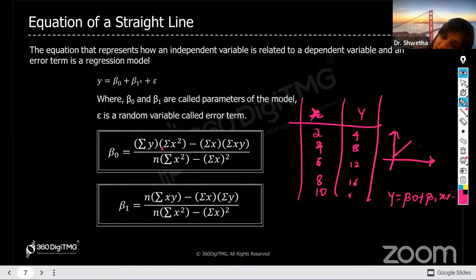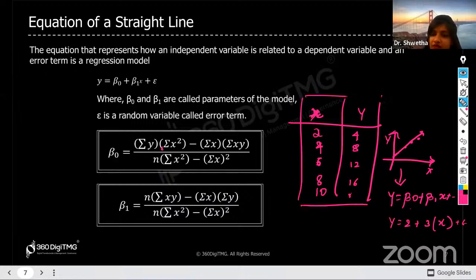Okay, this is the straight line. We found that there is a linear dependency between these two variables, and that linear dependency is expressed in terms of the equation. This equation will tell us what would be the value of beta naught and beta 1. This is just an example I'm taking. Now, with the help of this equation, I can predict any new value which will be given.